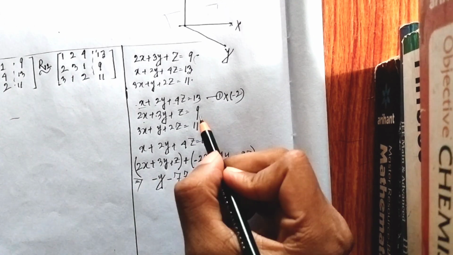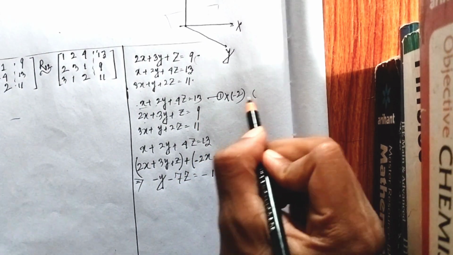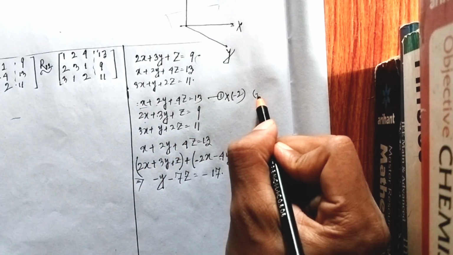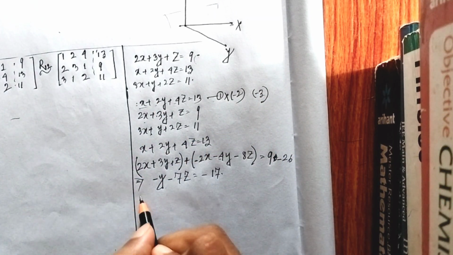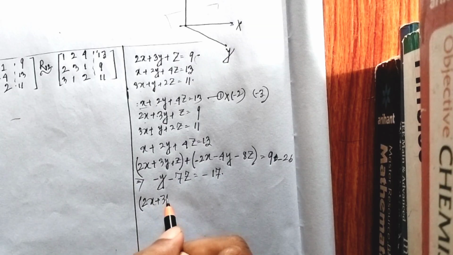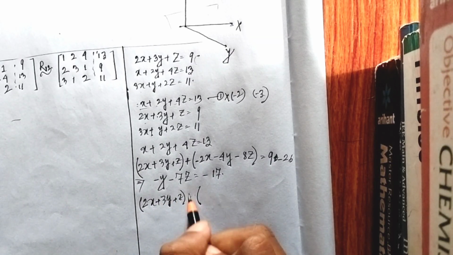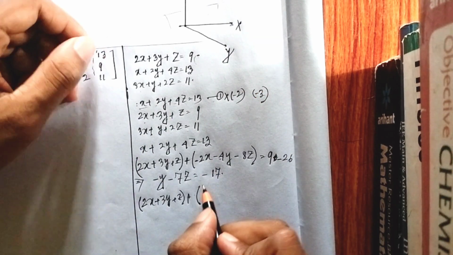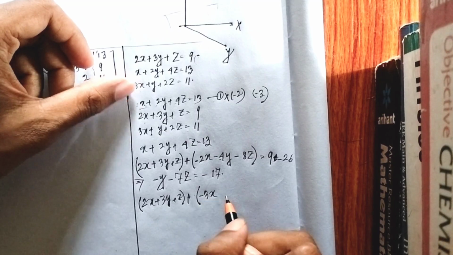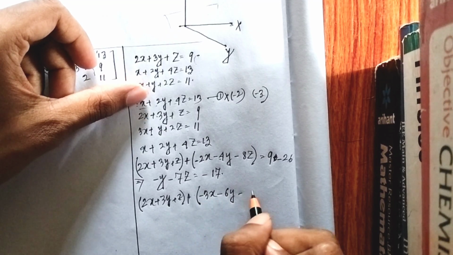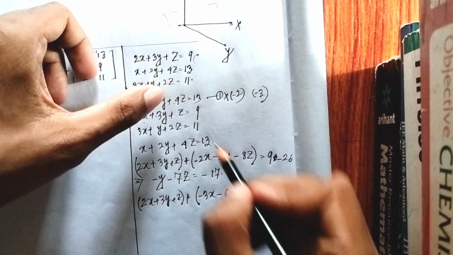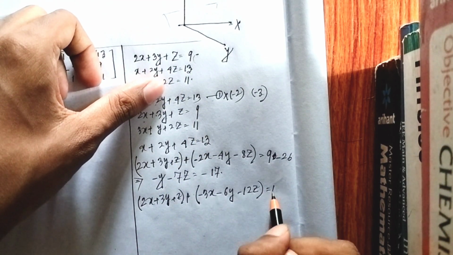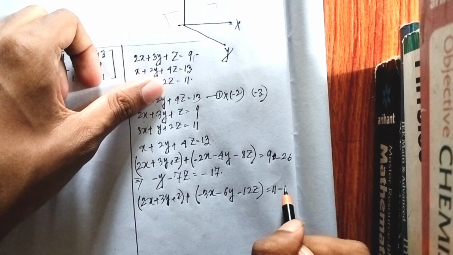Okay, and again we will multiply it with -3 and add with it. So what will we have, 2x plus 3y plus z plus with -3, that means minus 3x. Okay, minus 6y minus 12z equal to, what will be this, 11 minus 39.